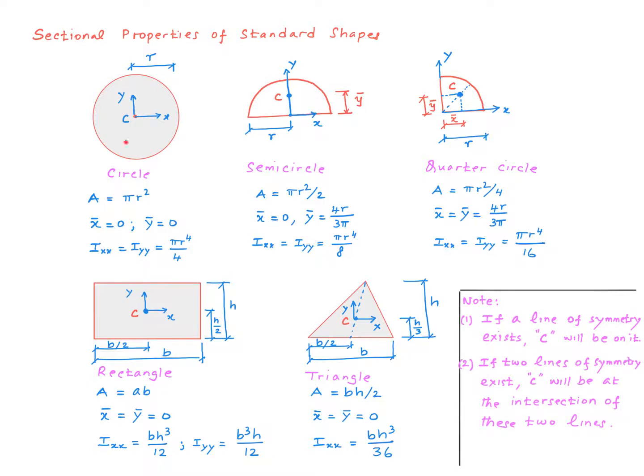By the way, for a circle, of course, every diameter is a line of symmetry. So we just need two of them so that we can find the intersection between the two to locate the centroid. So before we talk about the composite sections, let's state what is known as the parallel axis theorem.